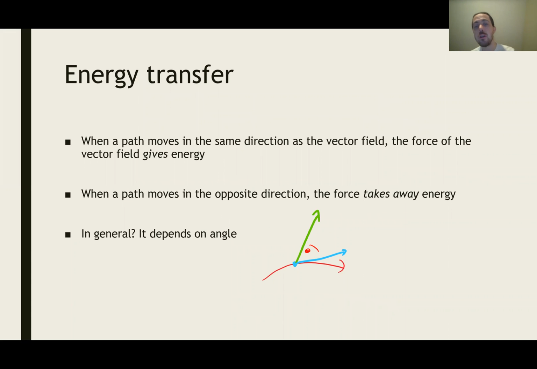So the part that's moving in the same direction as us or in the opposite direction can give us energy or take energy away, but the part that's pointing perpendicular is going to do nothing. It doesn't exert energy or give energy or take any energy away. So to calculate the total contribution, we need to figure out what part of the energy transfer is happening by projecting it down and calculating only with that.